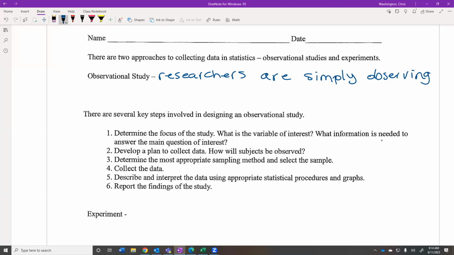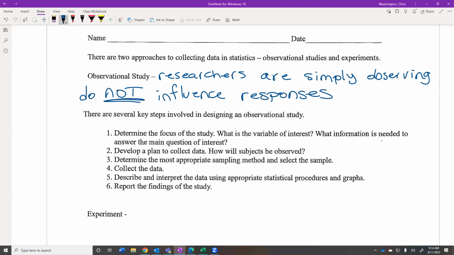They're not doing anything else. They do not influence responses.